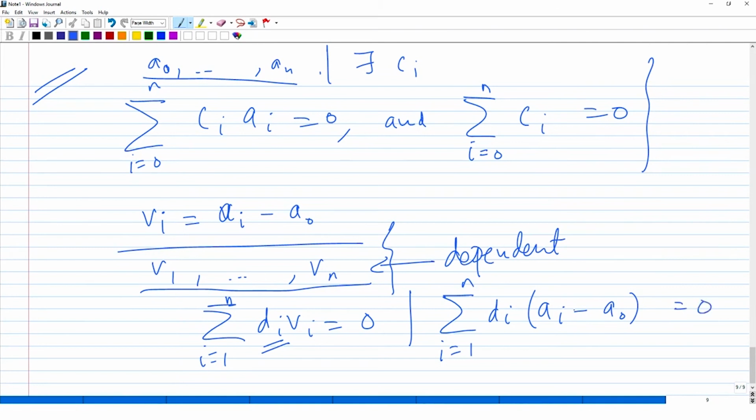Can you see the Ci's that I will get from this? My claim is take Ci to be equal to di for i from 1 to n, and take C0 to be minus the summation of the di's.